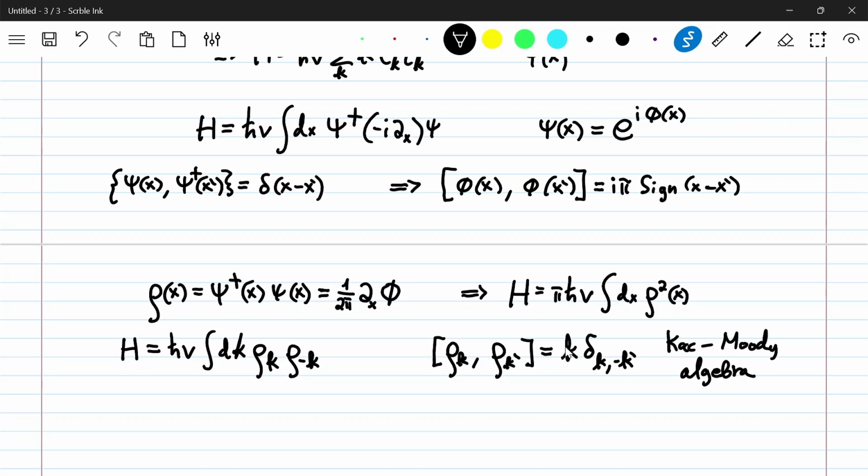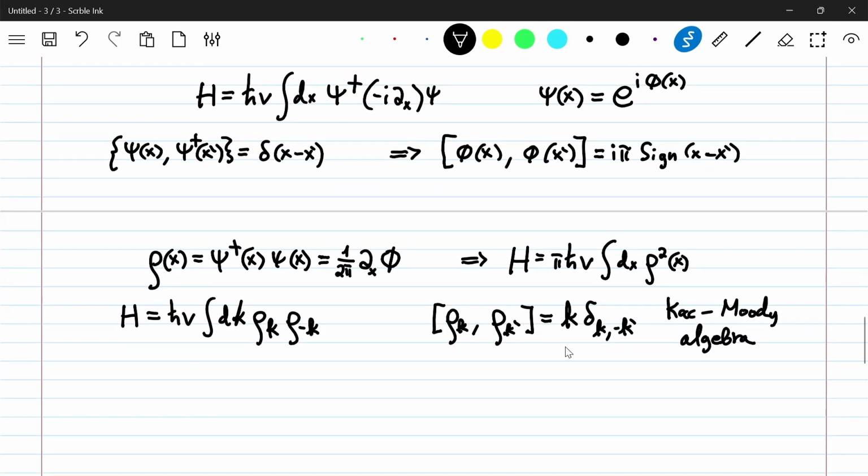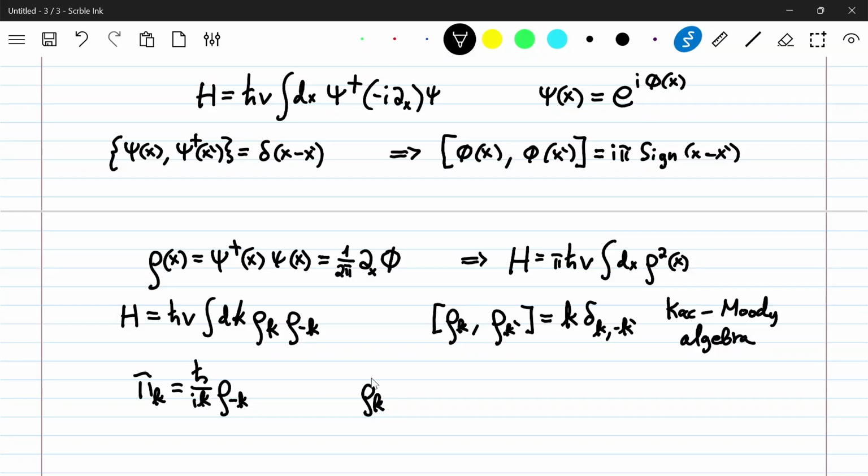So I can define a generalized momentum: pi of K is the conjugate momentum of rho of K, and it's h bar over I K times rho of minus K. Okay?